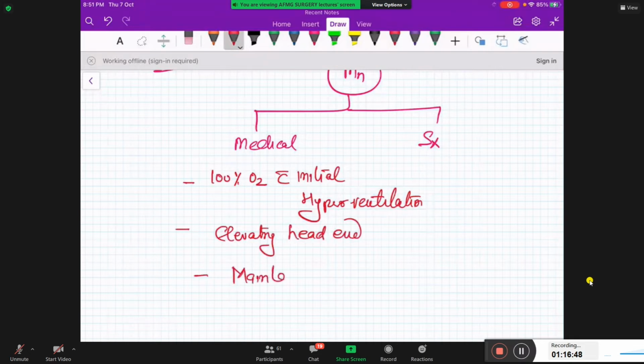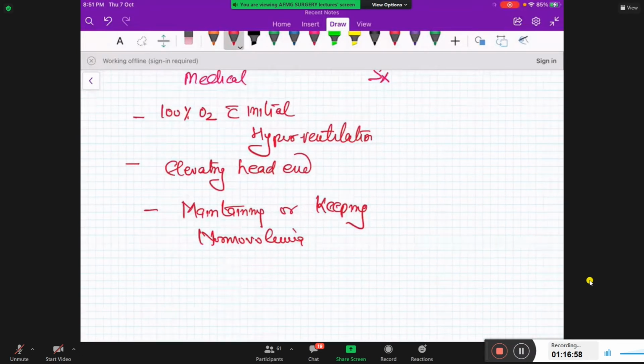Maintaining or keeping normovolemia also lowers intracranial pressure. Hypertonic saline lowers intracranial pressure.